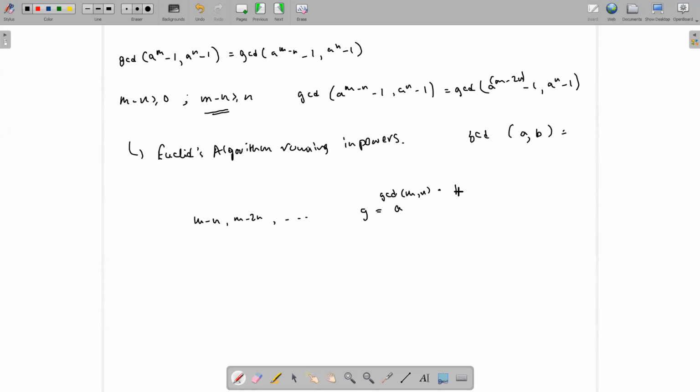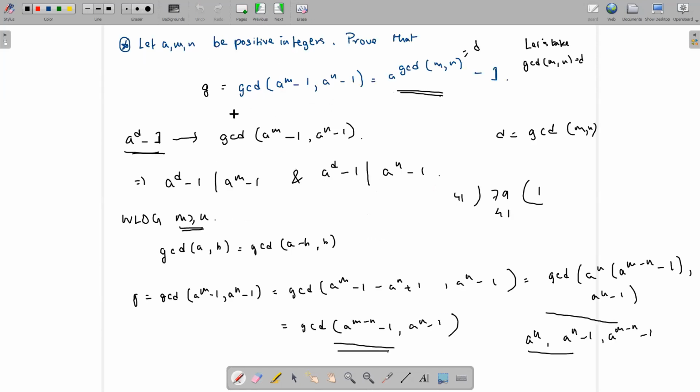And can anyone give me a quick proof of this using Fermat's theorem?